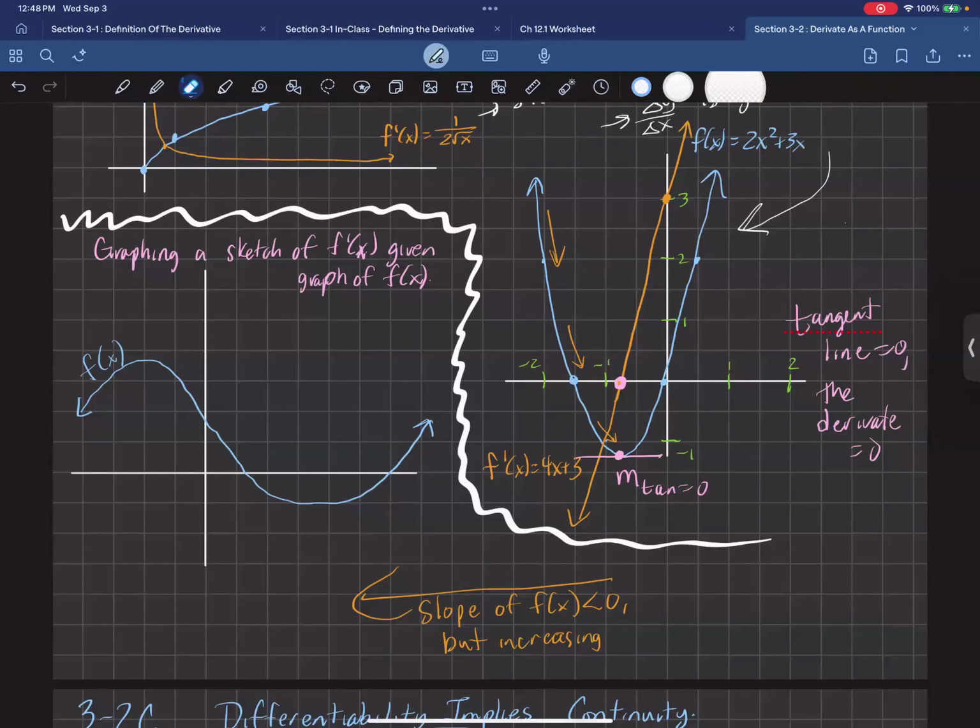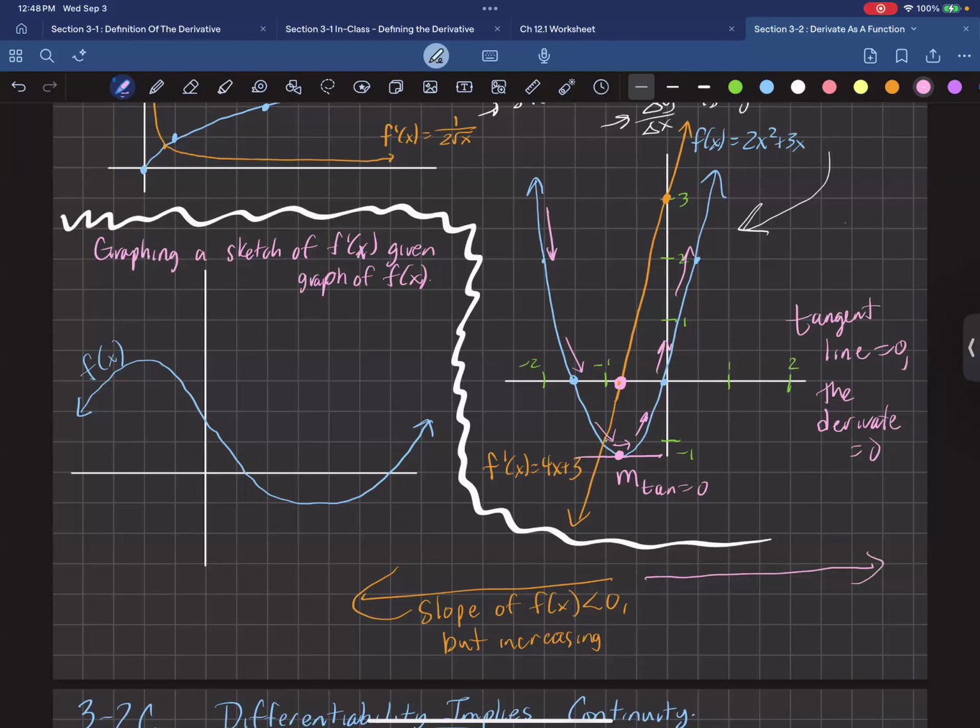I need to use a different color for those. It's steep here, less steep here, even less steep there, flat here, going up here, and starting to go up more and more. But the actual change is a constant change.